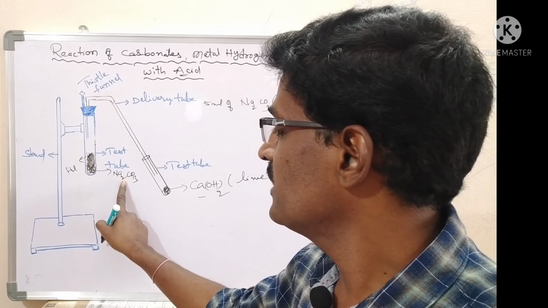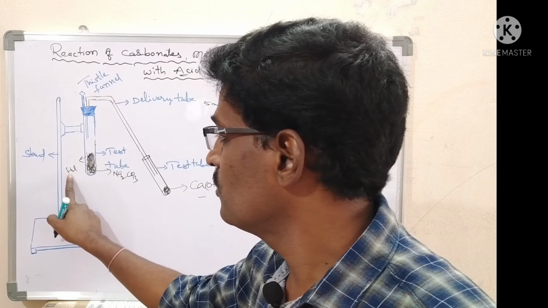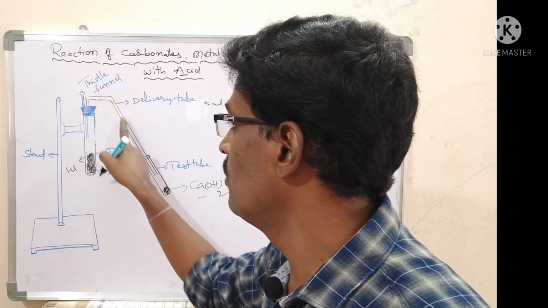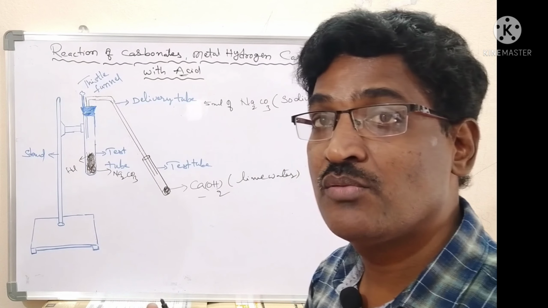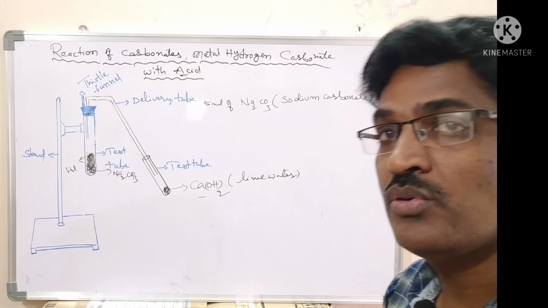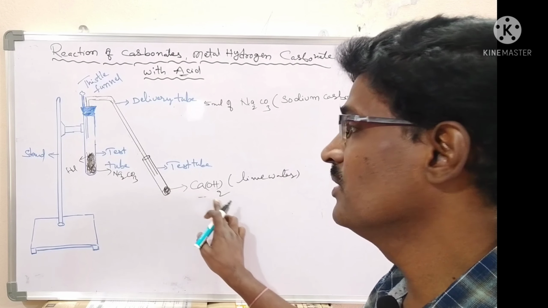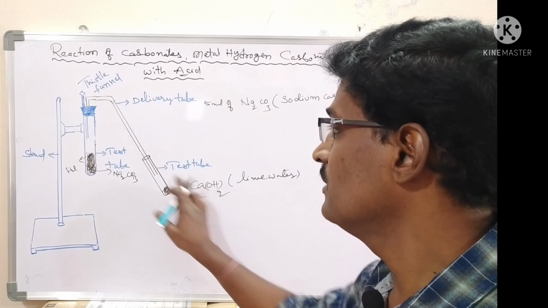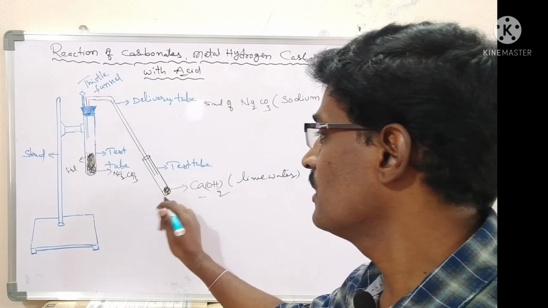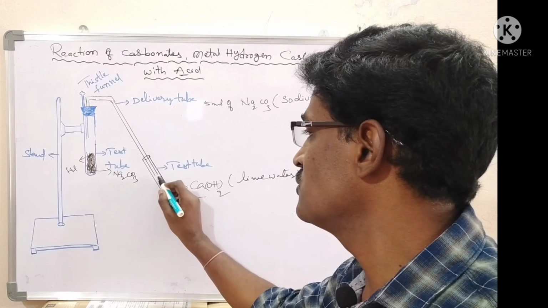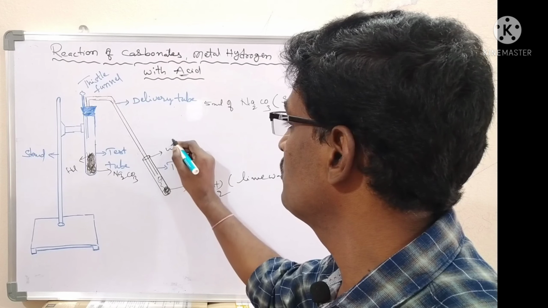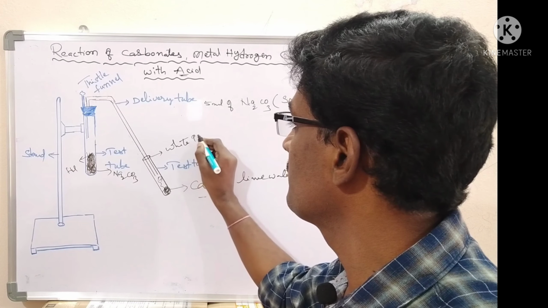Now, a reaction takes place between sodium carbonate and hydrochloric acid. Here one of the gases evolves. What is the gas? We don't know, so we have to test it with calcium hydroxide. When the gas coming from the delivery tube reacts with calcium hydroxide, it gives a white precipitate.